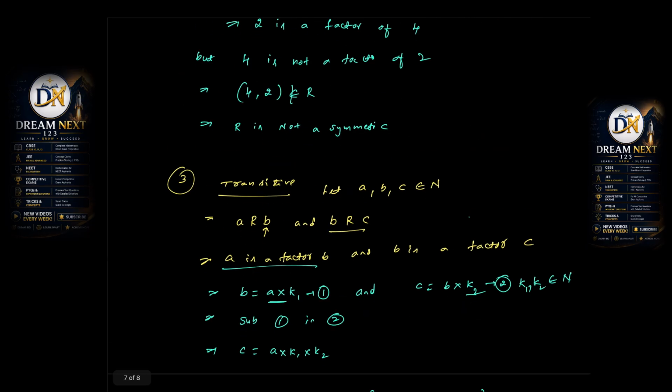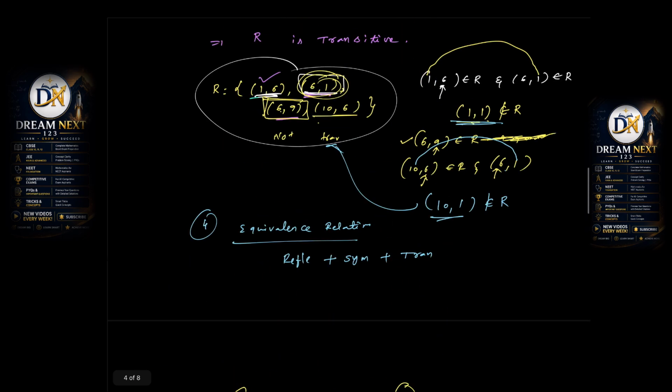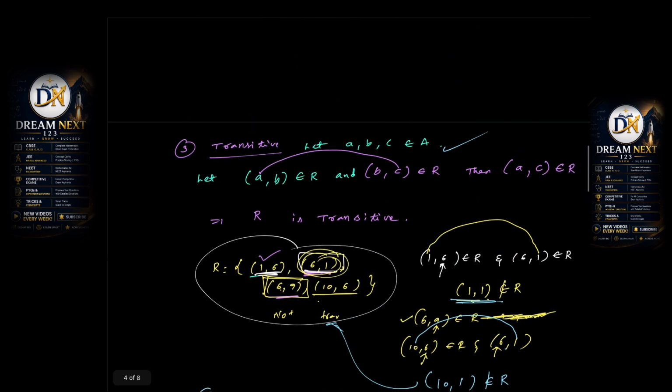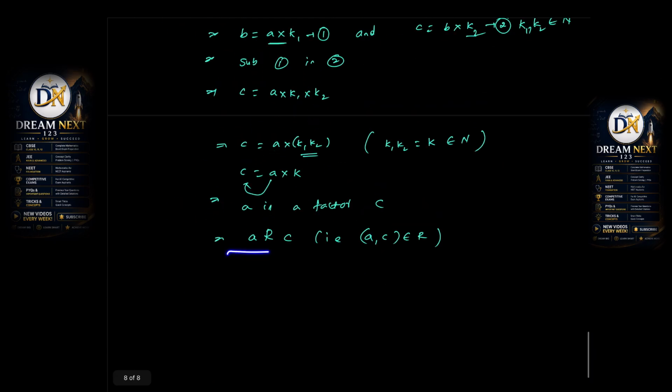If A is related to B and B is related to C, we have to show that A is related to C. This is our definition. We got it finally. That implies relation R is transitive.